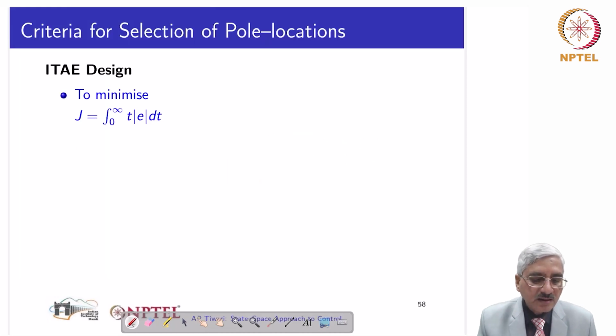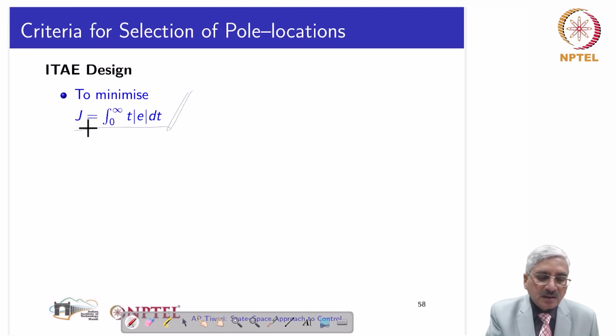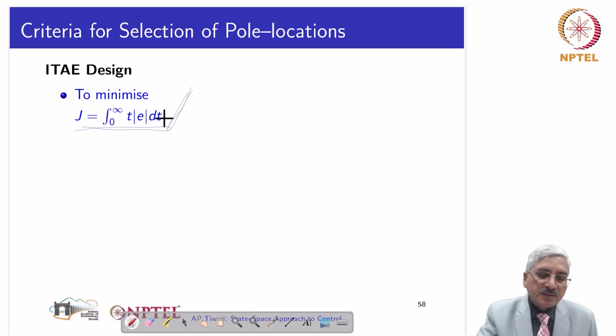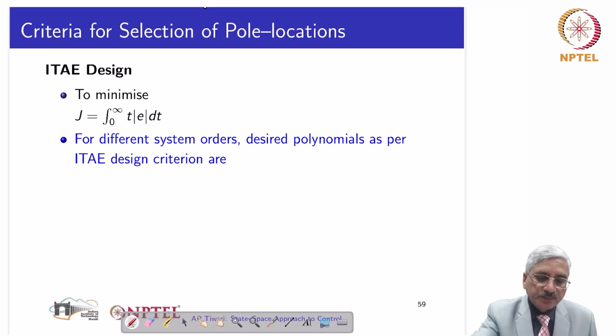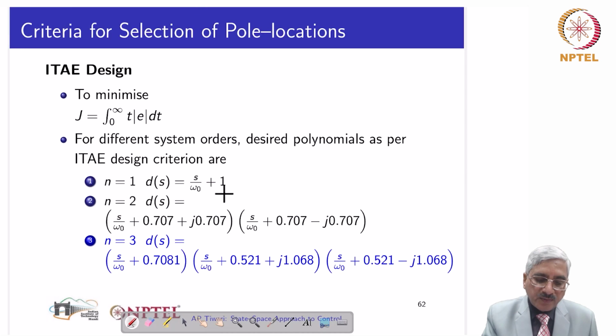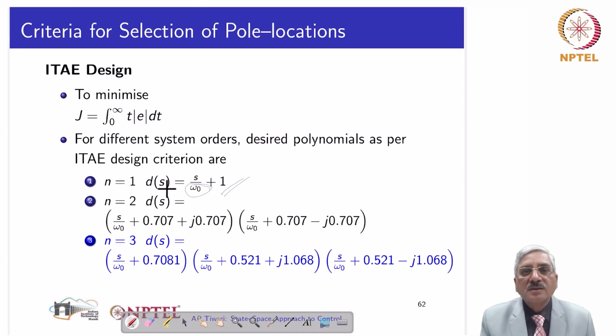In the ITAE design, the emphasis is to minimize a performance index of this kind, integral 0 to infinity t times absolute value of error into dt. And this gives polynomials of this kind. If we have to have a first order system, we have to select a bandwidth omega 0, from bandwidth omega 0 will come.